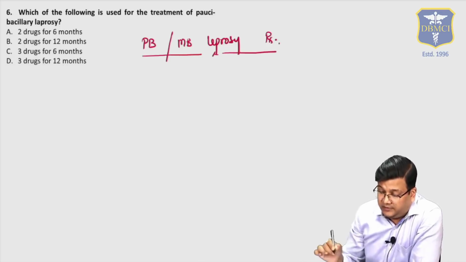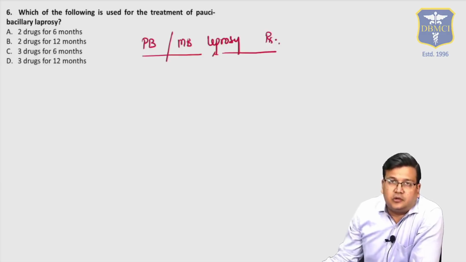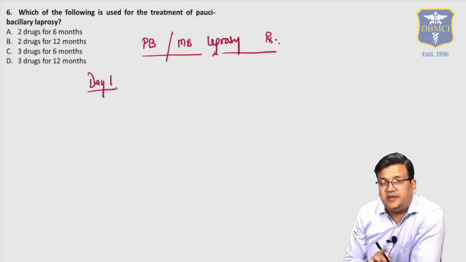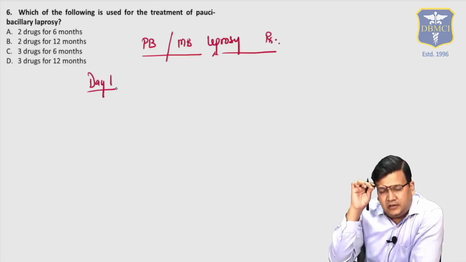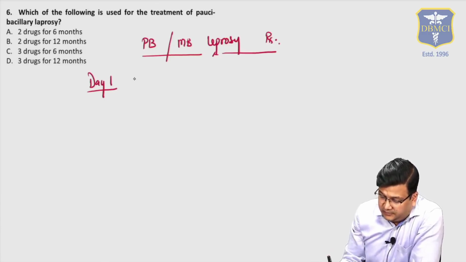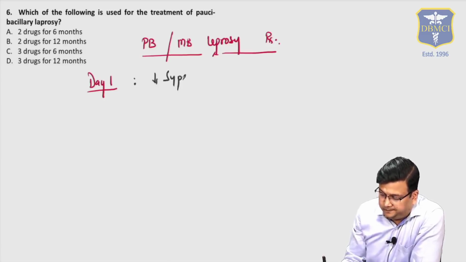So what is to be given and how it is given in the national program? Day 1. Day 1 means first day of every month for that patient. Whenever we are starting his treatment, first day of the month, he comes to hospital and under supervision.